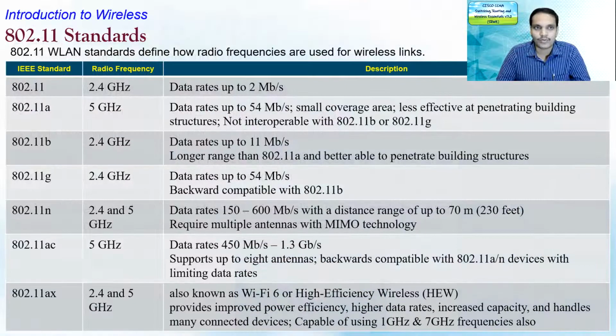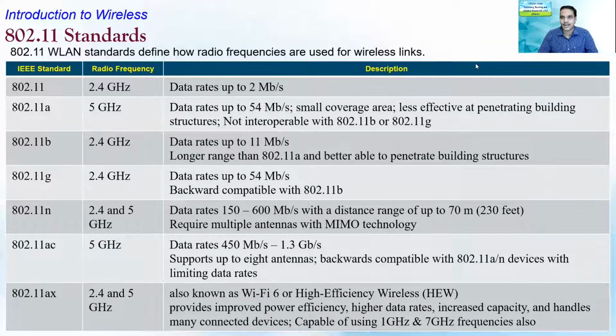The other one we are going to talk about is the 802.11 standards of Wi-Fi. These standards define how radio frequencies are used for wireless links. Nowadays, most devices support 802.11ac and 802.11ax. Earlier, we used to have 802.11a, b, g, and n.